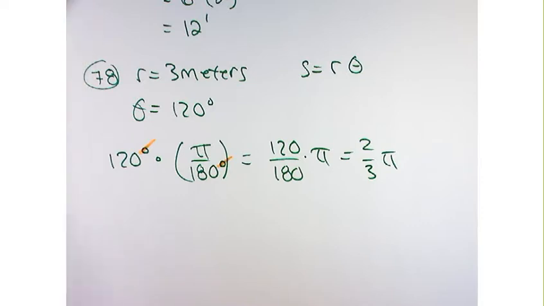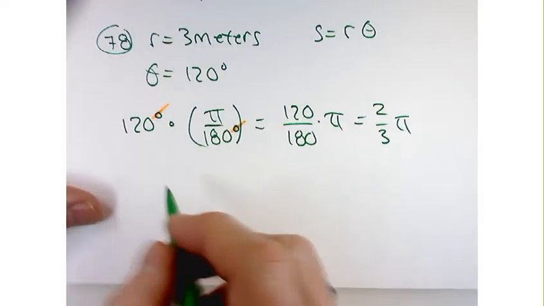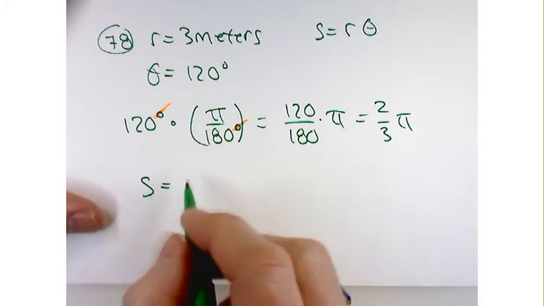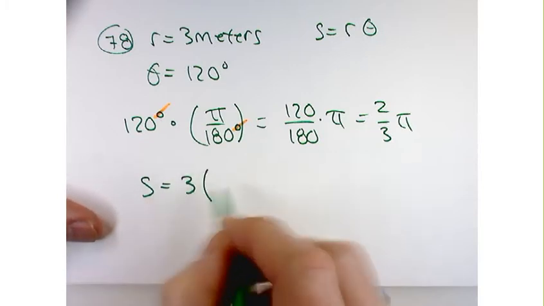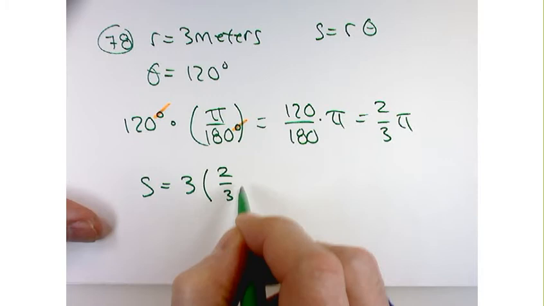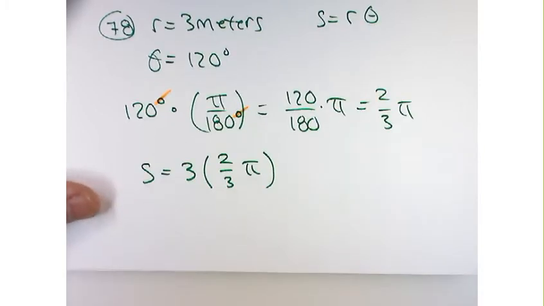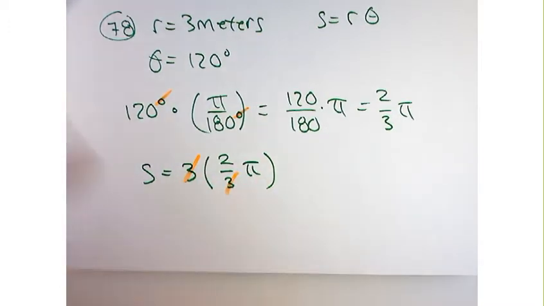Yay. So that's the number that I've got to put in here for theta when I calculate S equals R times theta. So S is going to be 3 times 2 over 3 times pi. And man, did they hook you up on this problem or what? Look at that. Even the 3 cancels out, and you're just left with 2 pi.